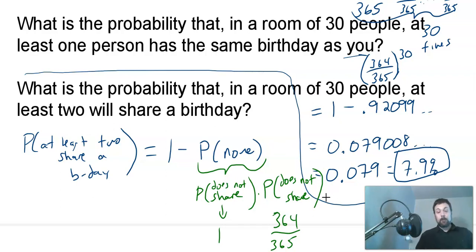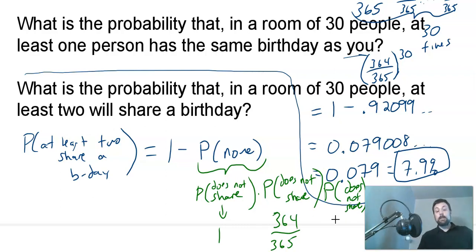Right? So for the third person, what's the probability that they do not share a birthday with the people that have already left? There's 2 people that have already left. So for them to have a different birthday than the 2 people that have already left, how many days are available that would be different from the 2 days I have currently on my list?